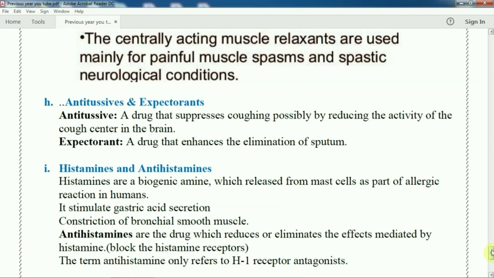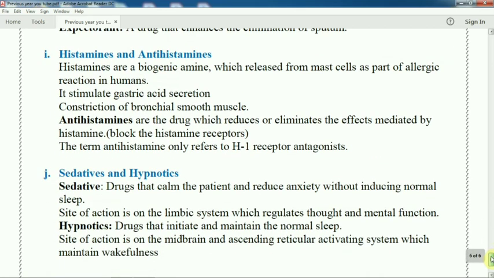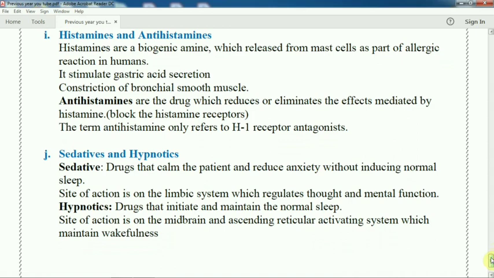Antihistamines are the drugs which reduce or eliminate the effect mediated by histamine, or block the histamine receptor. So this is histamine and antihistamine. Now comes to the sedative and hypnotic. Sedatives are the drugs which calm the patient or reduce anxiety without producing or disturbing natural sleep.